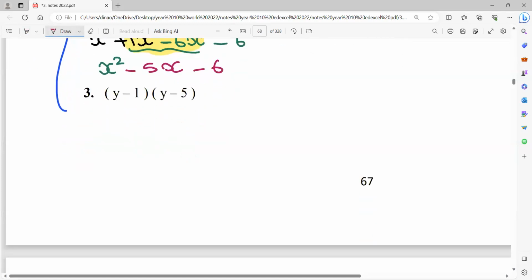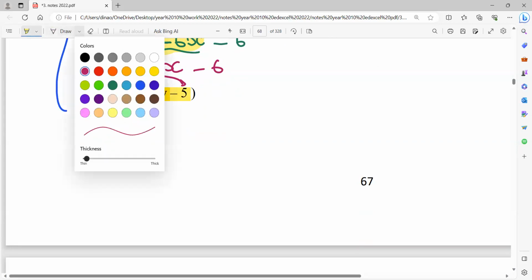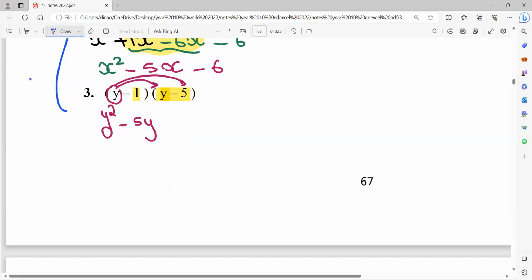Moving on with question number 3. Same concept, multiply first and second. Take the first term, multiply here and there. Y times y, y squared. Y times negative 5, negative 5y. And then take the second term, multiply here, multiply there. And please remember that when you multiply, sometimes the signs change.